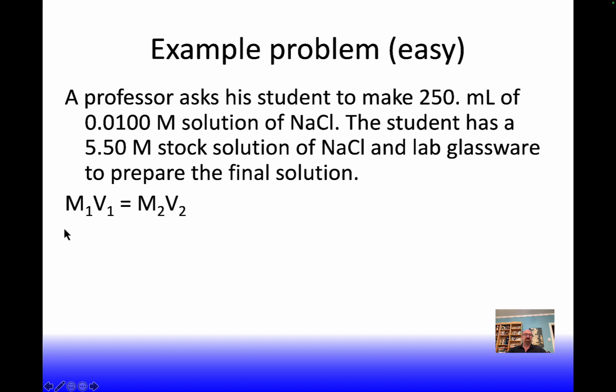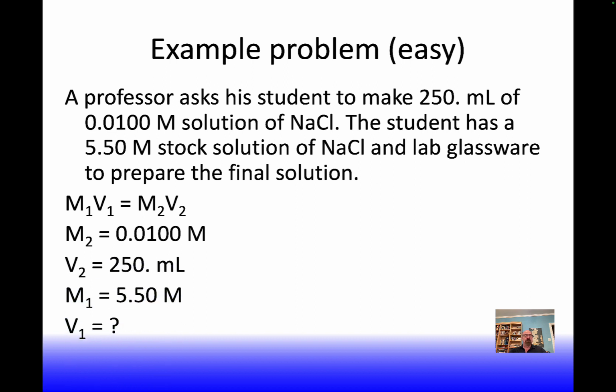That's our high concentration. That's got to be our starting concentration. And then we just have to find out how much of the starting solution we need to make that final solution. So we solve for V1. So let's assign our variables. And what unit will V1 come out in? It's going to be milliliters. Since milliliters is here, V1 will come out in milliliters.